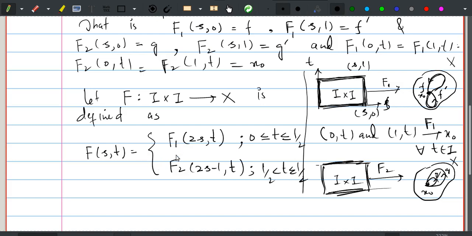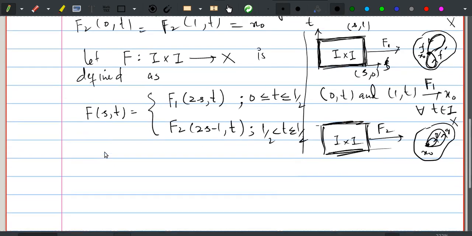Note that F1 and F2 are continuous, so F is continuous.